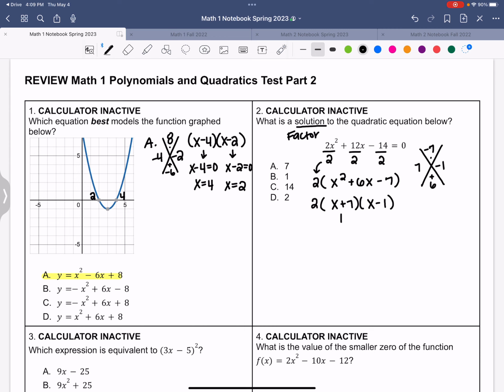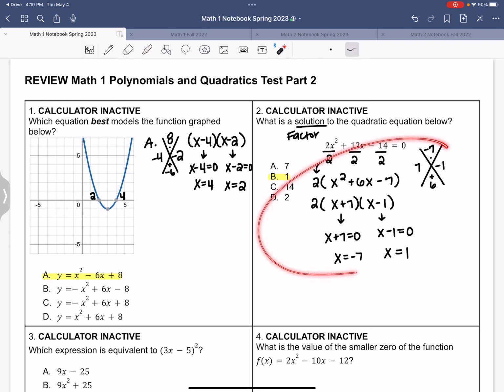Again, it's asking us to solve, so we need to set these equal to 0 and then solve for x. Subtract 7, that'll give us -7. Add 1, that will give us x equals 1. So B is the only one that makes sense here. Again, make sure that you're showing this work to receive that credit.